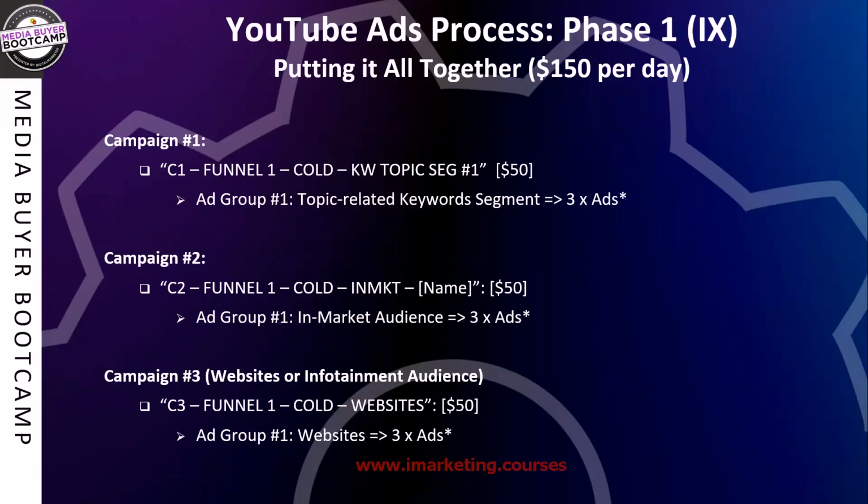But it's not uncommon for us to have one single in-market audience running at $10,000, $15,000 a day. It's not a problem at all, because once you've got the campaigns dialed in, Google will start recommending that you increase your budgets to that sort of level. It's just like a rocket ship when it comes to in-market audiences, okay?